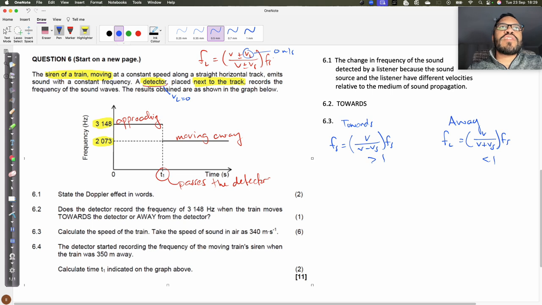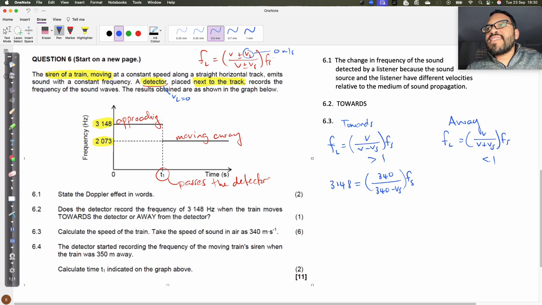Now I'm going to go and substitute in. Frequency of the listener. As it moves towards, the frequency of the listener is 3148, which is equal to 340 over 340 minus Vs, multiplied by the frequency of the source, which we weren't given, right?